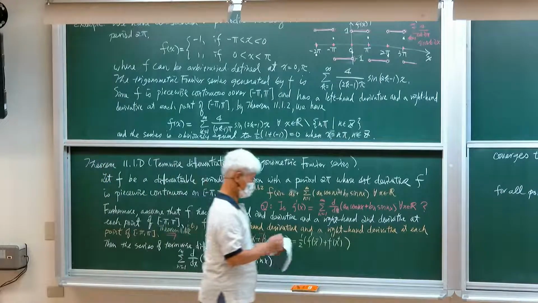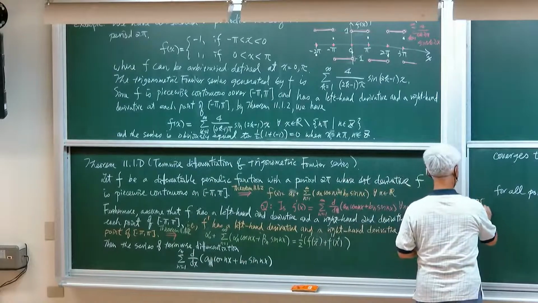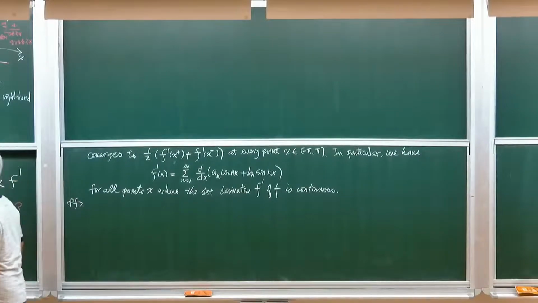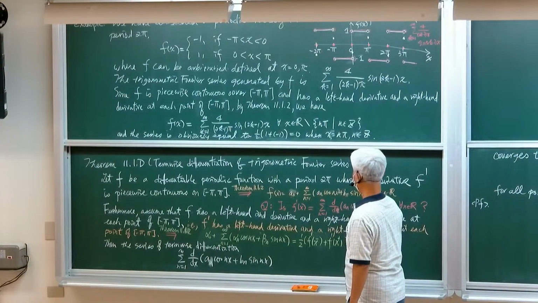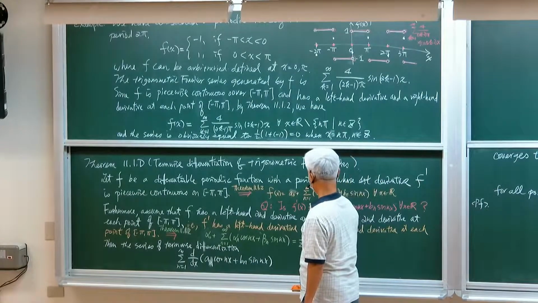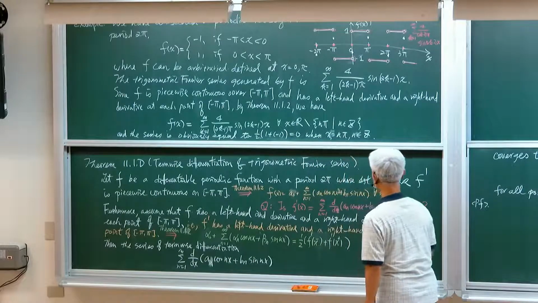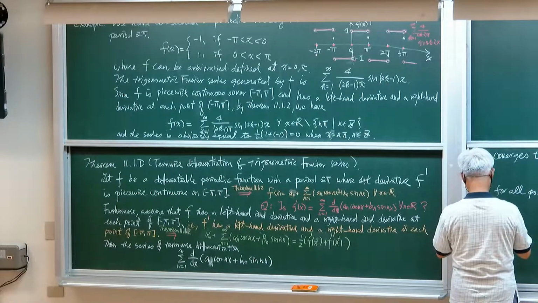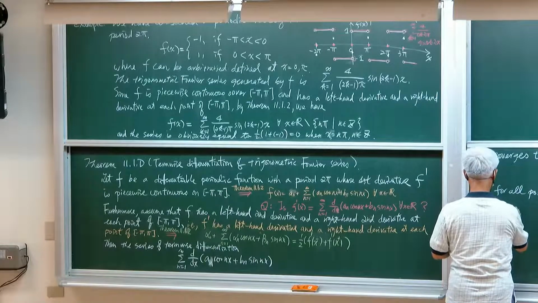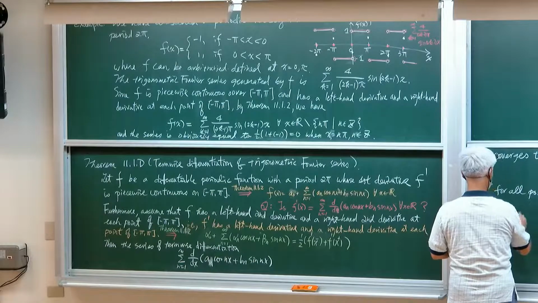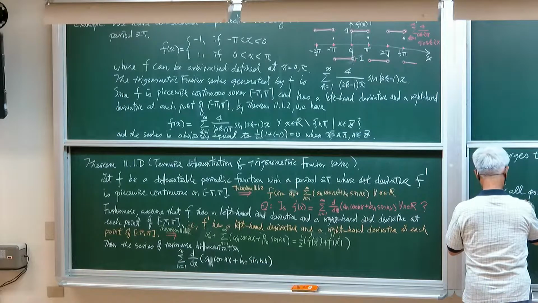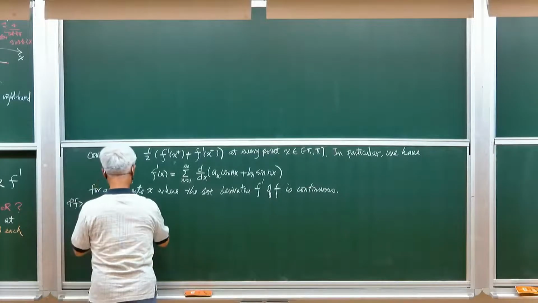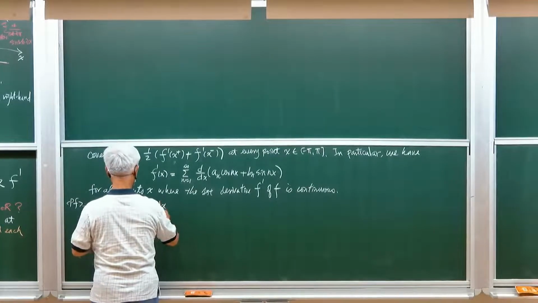All right. So the proof here. First of all, alpha 0 is 1 over 2 pi, the integral from minus pi to pi of f prime of x dx.